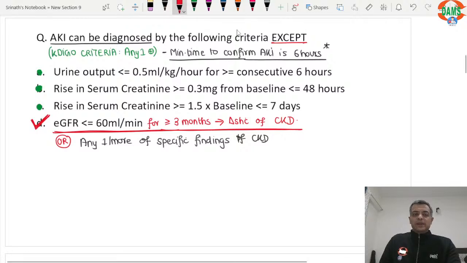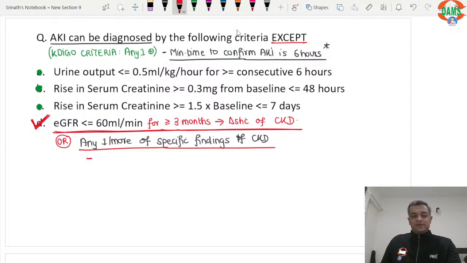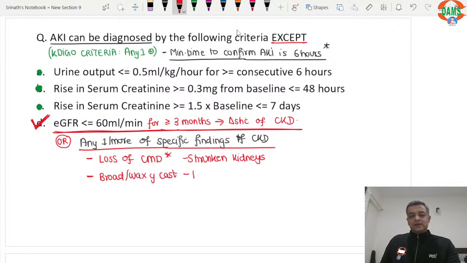That has also come in MCQs: which features are considered specific of CKD. When the patient has loss of the corticomedullary differentiation, when the patient has a shrunken kidney on ultrasound, or there is presence of a broad waxy cast in the urine, or there is presence of metabolic bone disease, then definitely it is CKD.